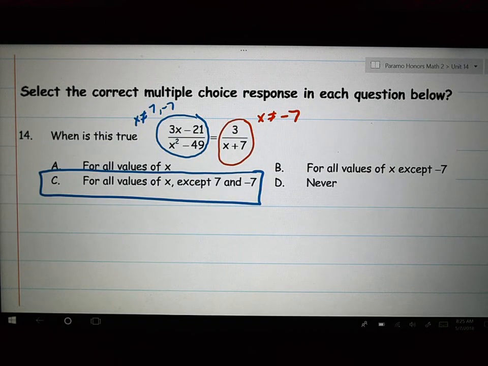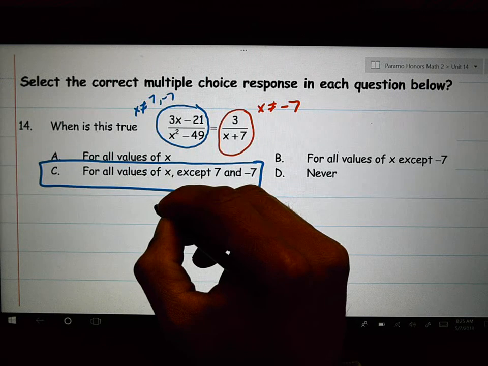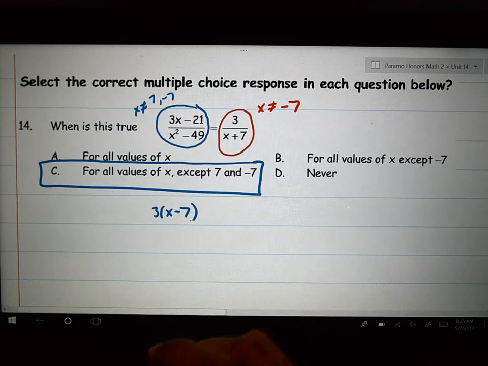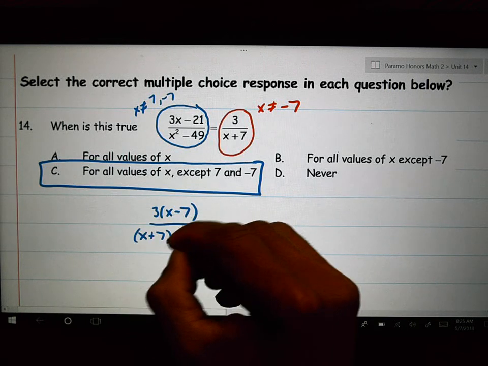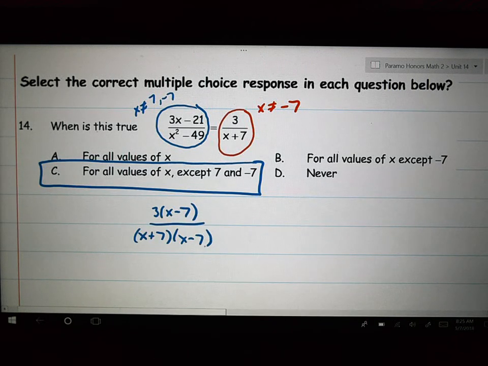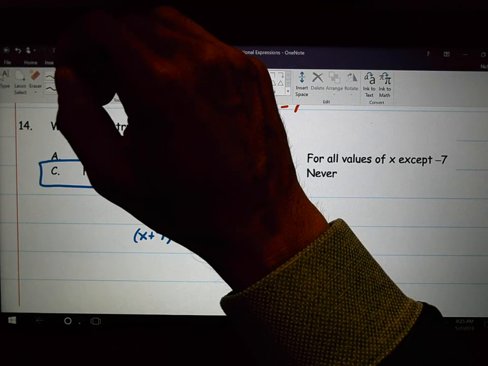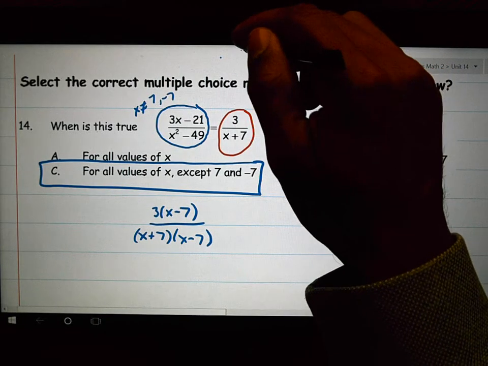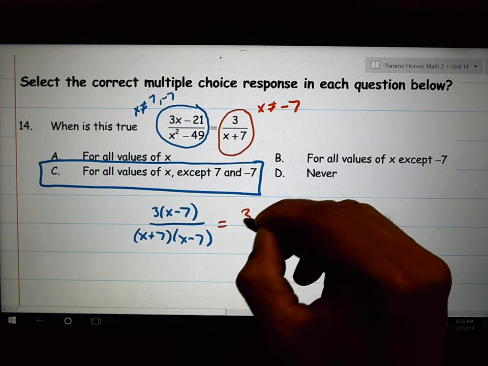Now I just want to do this for my own knowledge, or for anybody who doesn't understand. The blue side, if I were to factor the top, 3 times (x minus 7), if I were to factor the bottom, (x plus 7)(x minus 7). That's the blue side. The red side is this one.